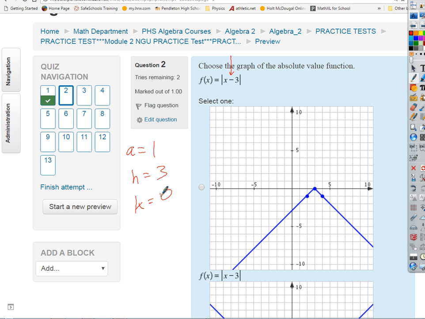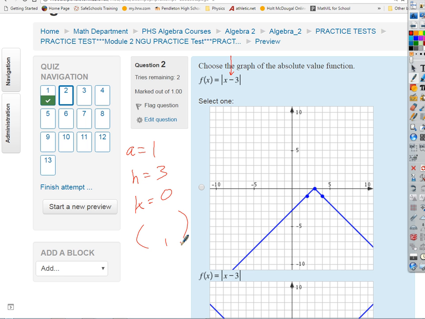So I've got to find the graph that has a vertex. Hannah, what are the coordinates of the vertex going to be then? If those are the values of the parameters I've identified, where do I look for the vertex? In what ordered pair? Okay, Carolyn? Where's that going to be?